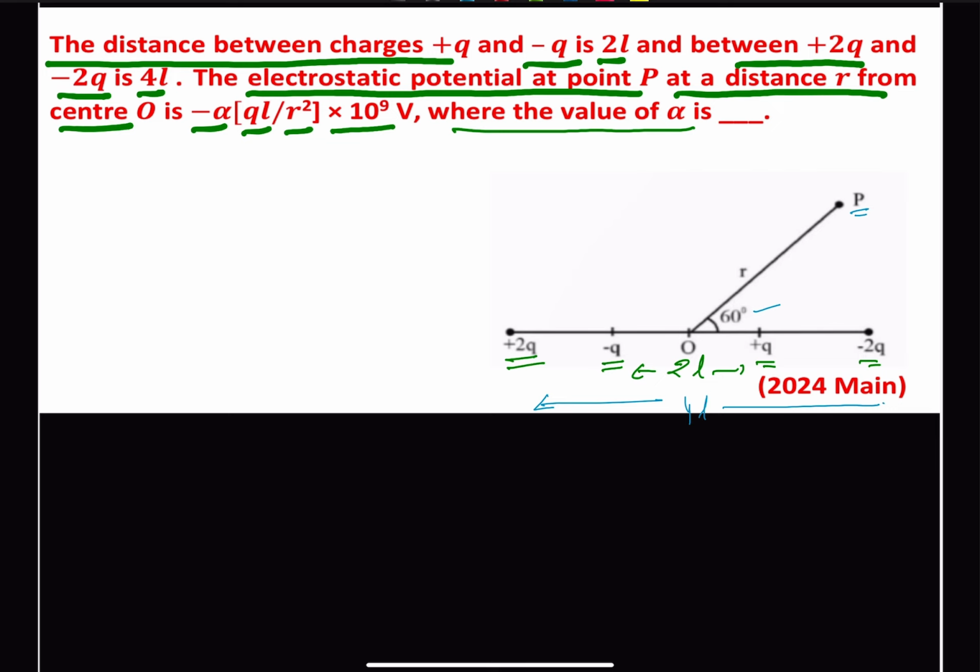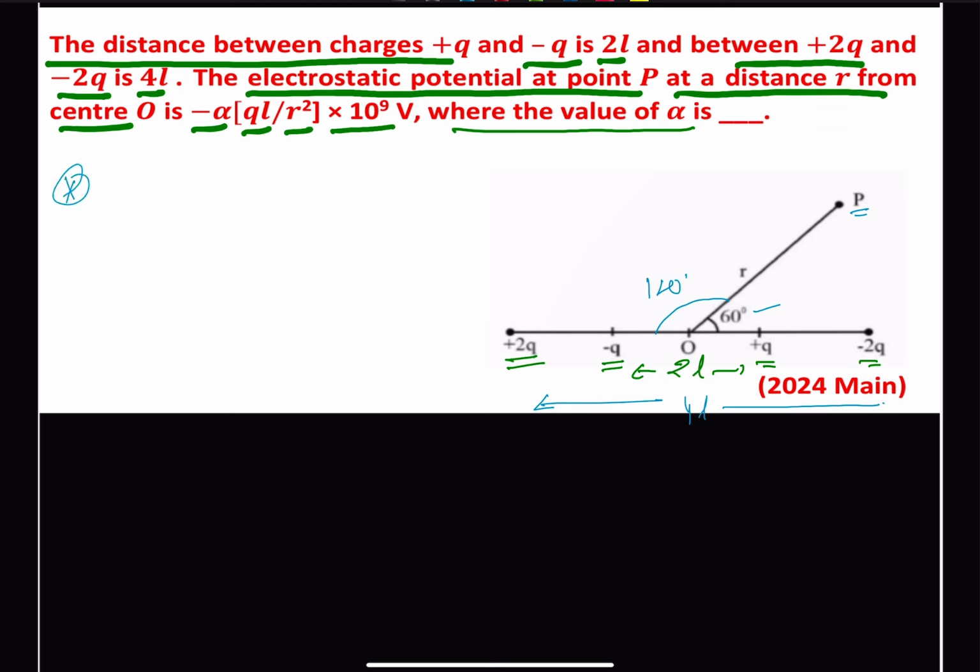So in this case, first of all, let's find out the other angle. So this angle will be 120. And here we are going to first of all find out because of only the dipole which consists of minus q and plus q. And then secondly, we are going to find out because of plus 2q and minus 2q. So we start with the first part.